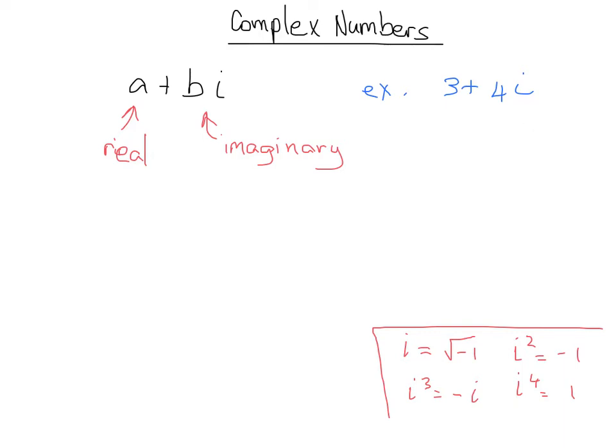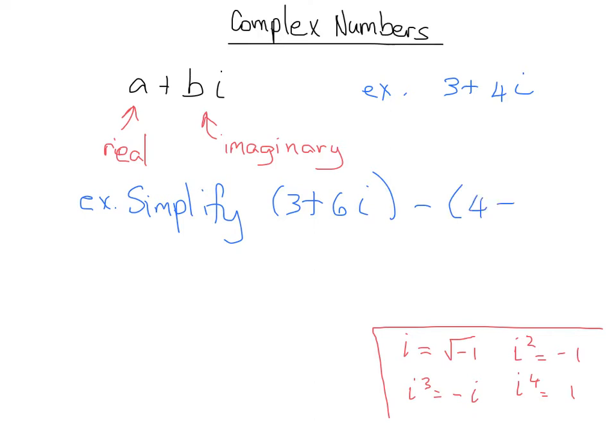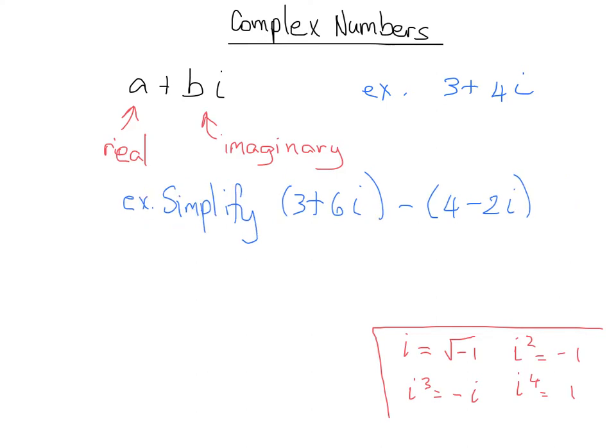Alright, let's see an example so you know exactly what I mean. Suppose we were asked to simplify the following: (3 plus 6i) minus (4 minus 2i). Again, i is not a variable, but we can totally treat it that way. Removing our parentheses, we get 3 plus 6i. Everything in the first set of parentheses stays the same, but because we have a negative sign, we get minus 4, and that sign switches, so it becomes plus 2i.